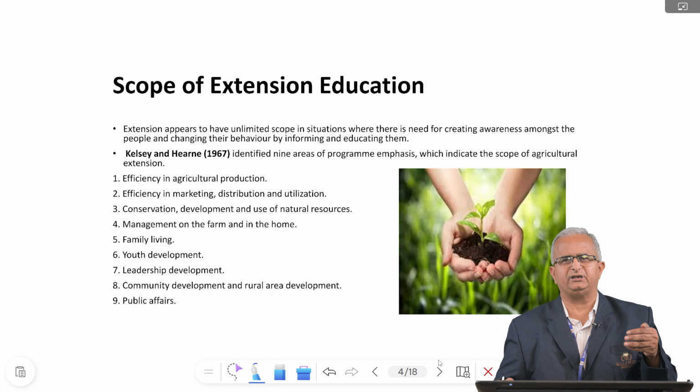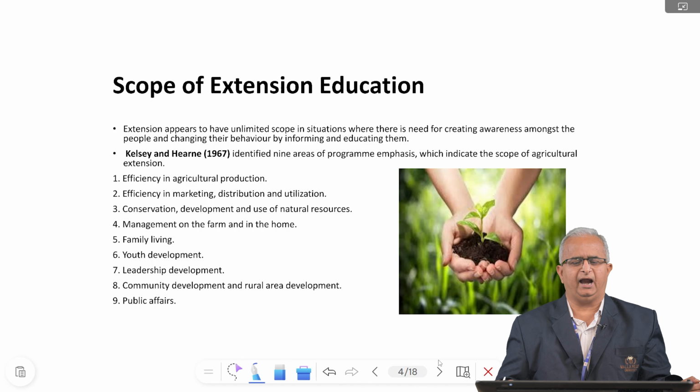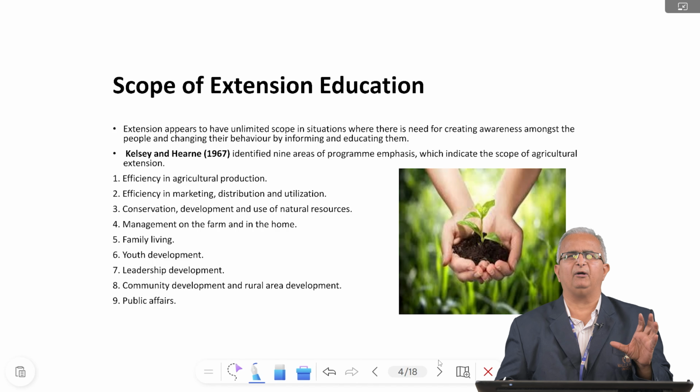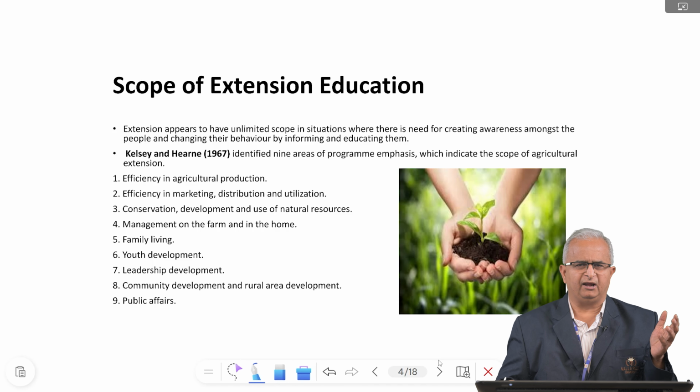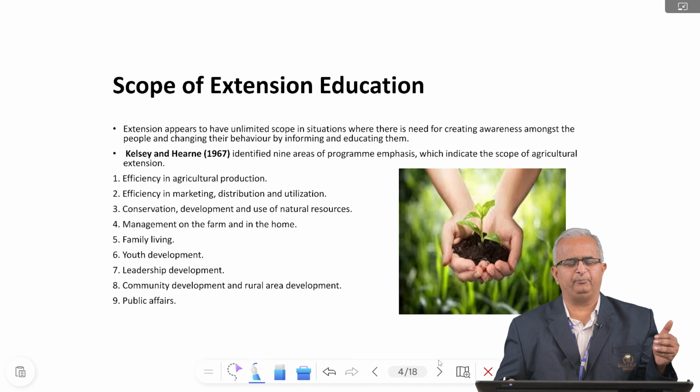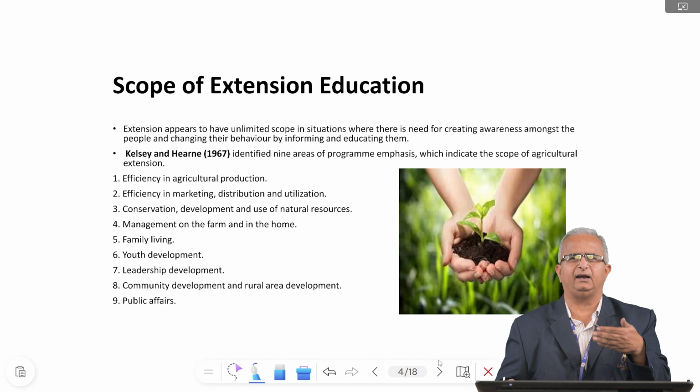The second is efficiency in marketing, distribution and utilization, conservation, development and use of natural resources, management on the farm, in the home, family living, youth development, leadership development, community development, rural area development, and public affairs. These are the 9 different areas which the subject matter of extension education covers.